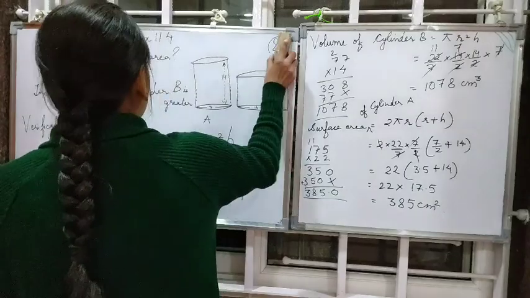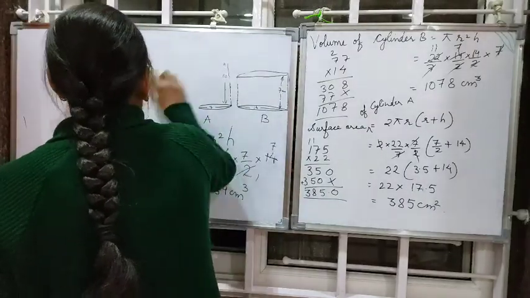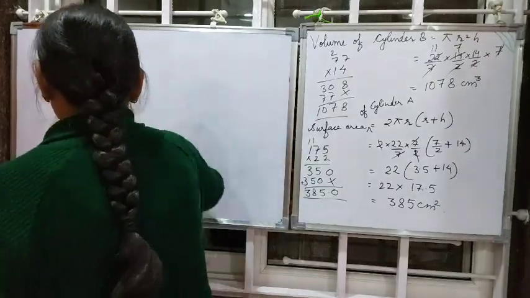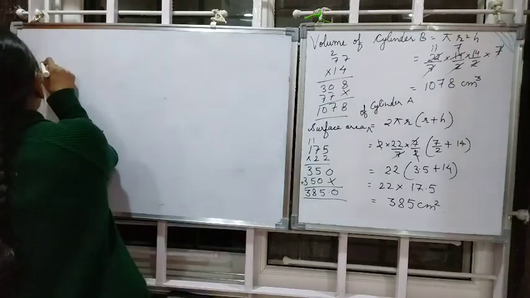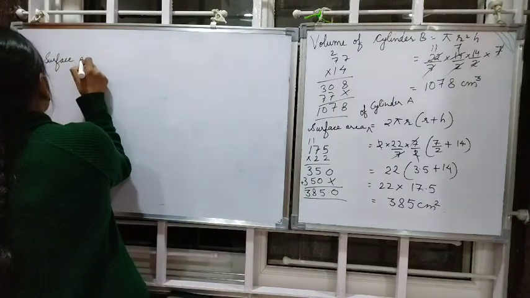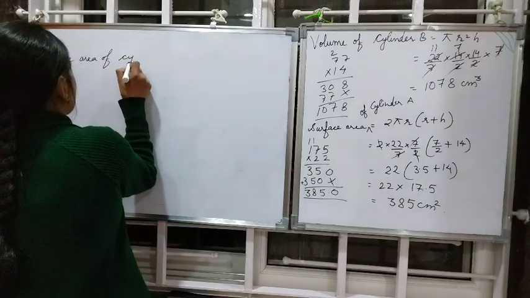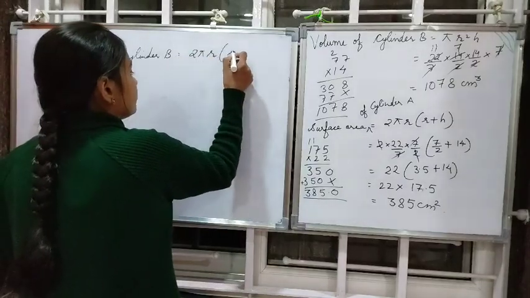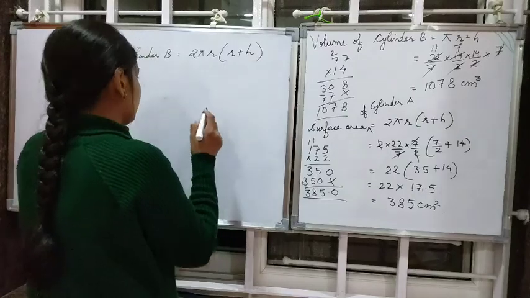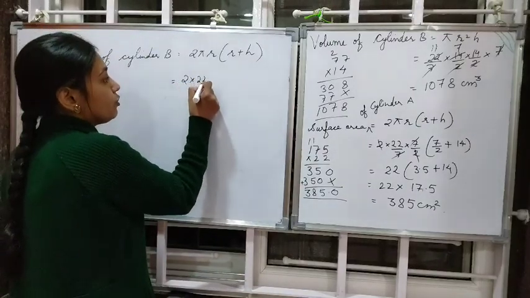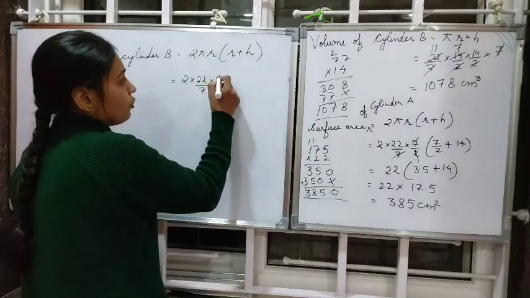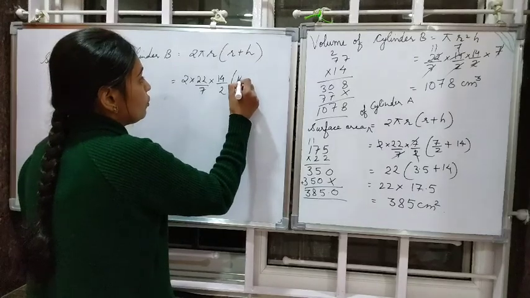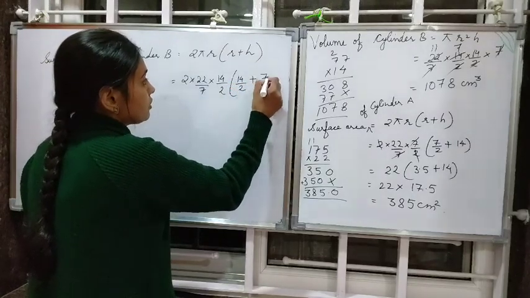We go ahead to find out the surface area of cylinder B. So it is 2 into 22 by 7. Here r is 14, right? 14 by 2 I mean to say. 14 by 2 into 14 by 2 plus 7.